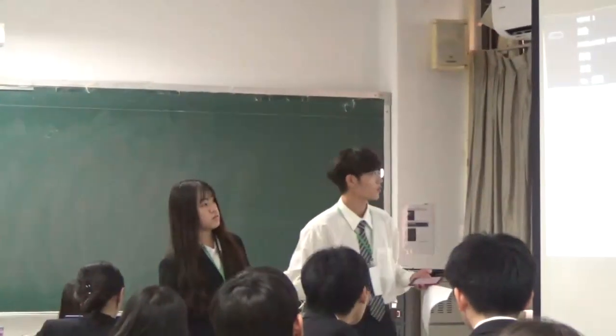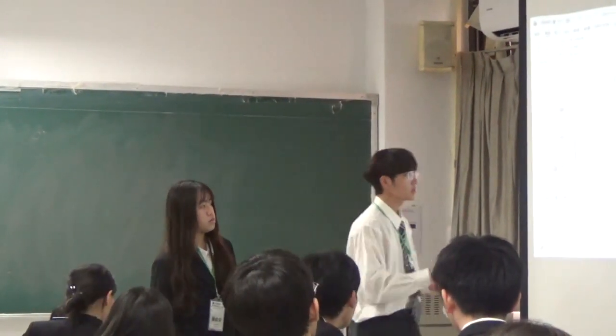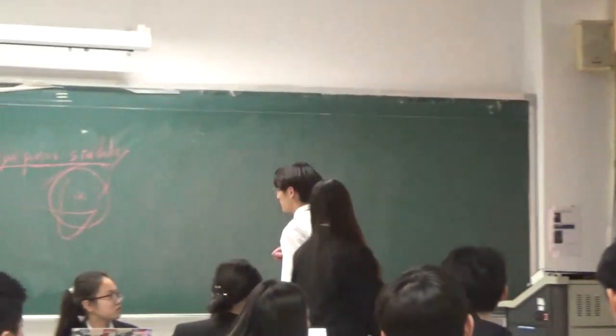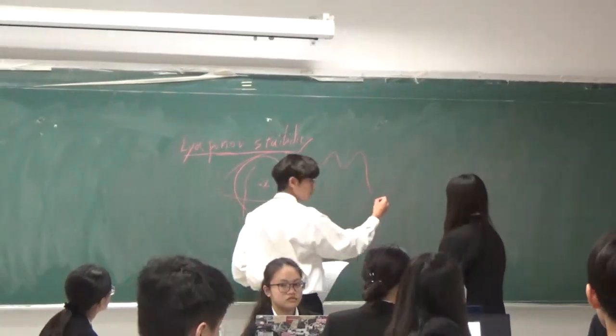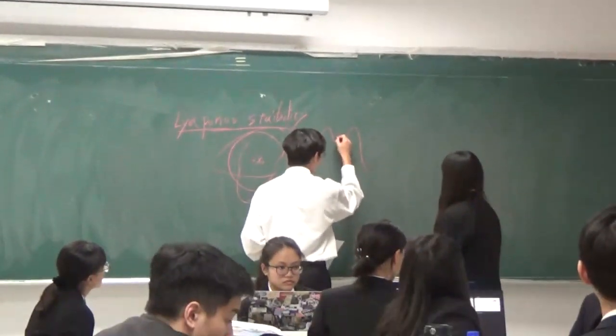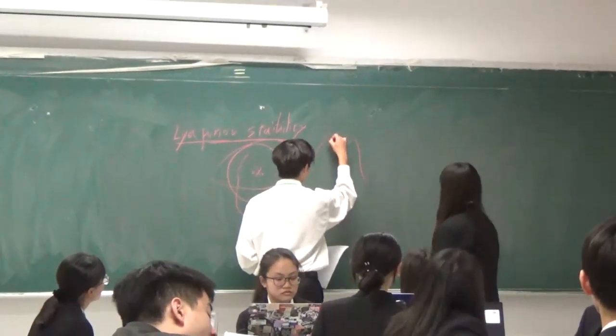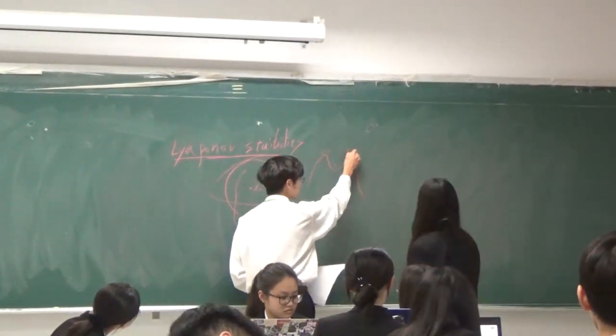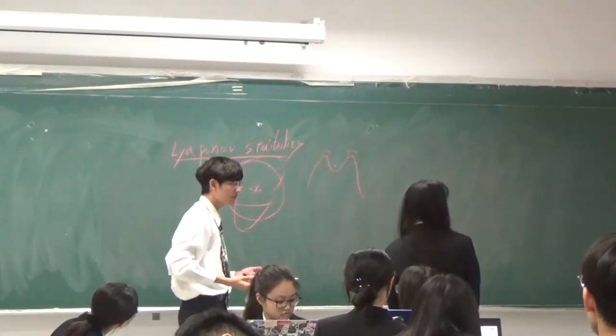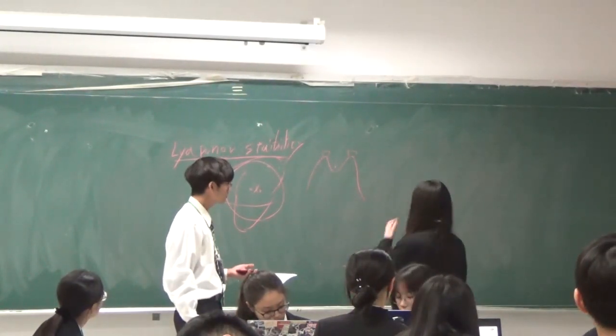Yes, it's the saddle part. The saddle part in 2D should look like this, right? Yes. At this point, the force caused by this magnet and this magnet are the same.